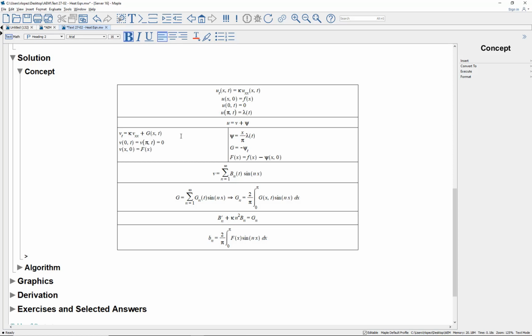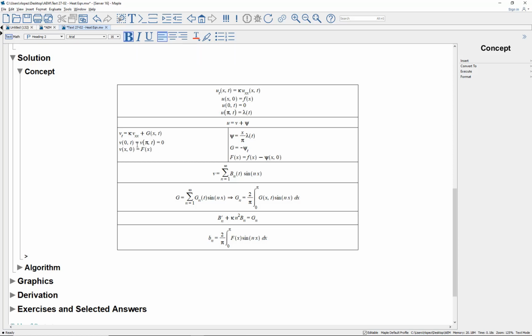However, it will shift the inhomogeneity from the boundary conditions over to the differential equation. So now we will have homogeneous boundary conditions. The inhomogeneous term is minus the partial with respect to t of psi, and the initial configuration is changed to this capital F, which is F minus psi at t equals 0.